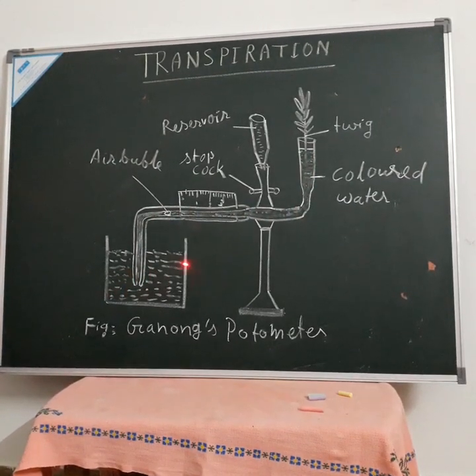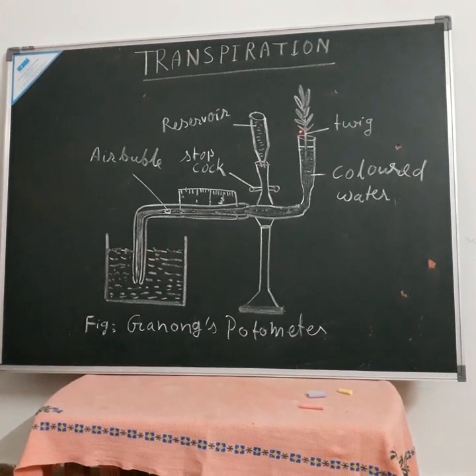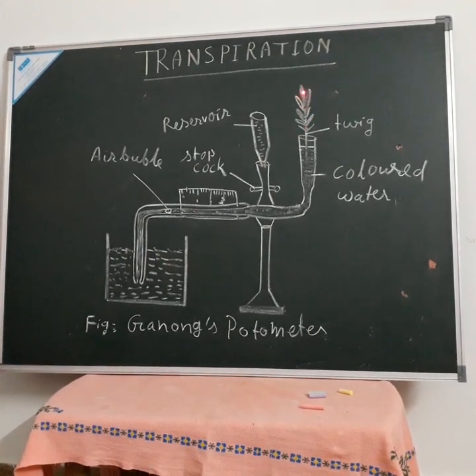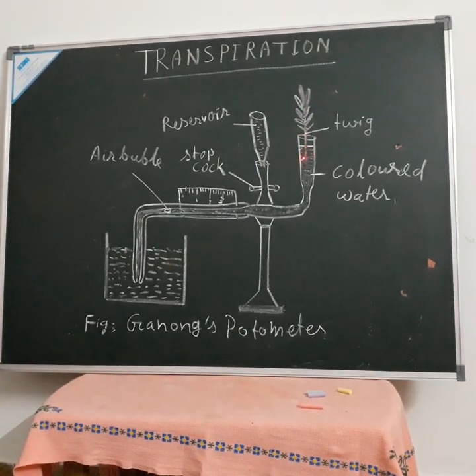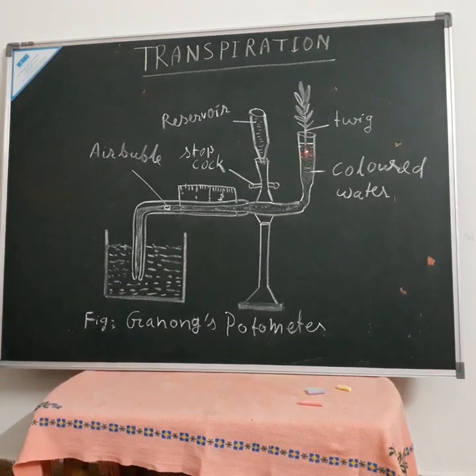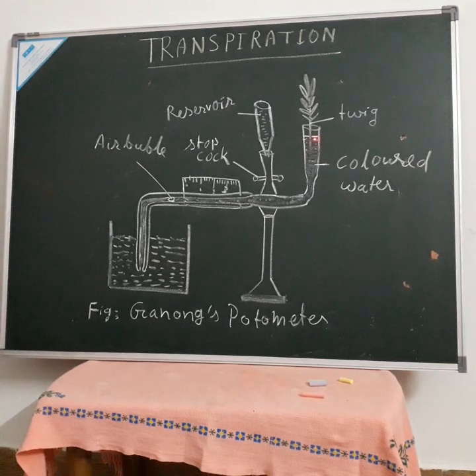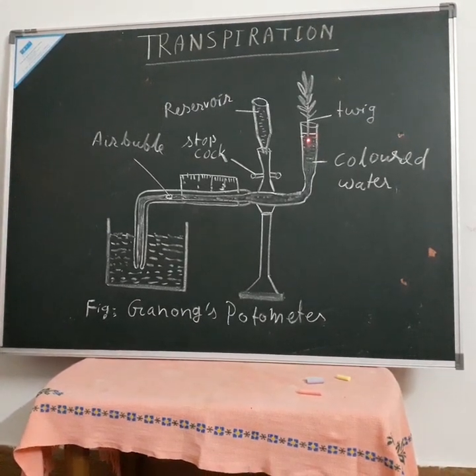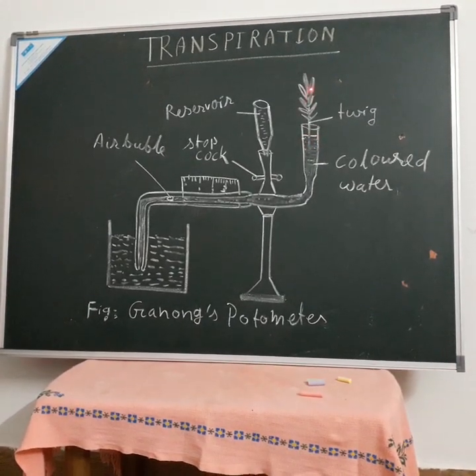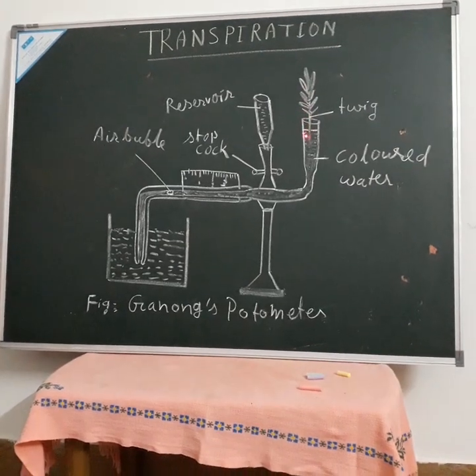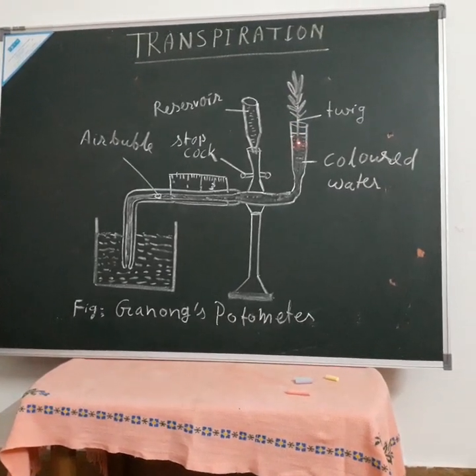You can see here the water. And a freshly cut twig is inserted in this apparatus. Example may be the coleus plant or any other plant also can be taken.